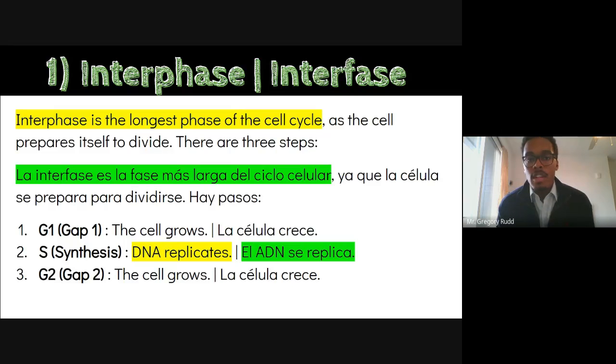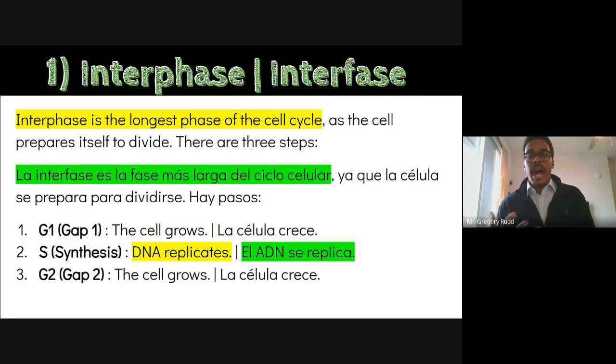So some mitochondria go over there, some go over there. Some vacuoles go over there, some go over there. Some ribosomes go over there, some go over there. It's preparing itself to be divided. But the second step, synthesis, is very, very important. The DNA must be replicated before the cell can divide.